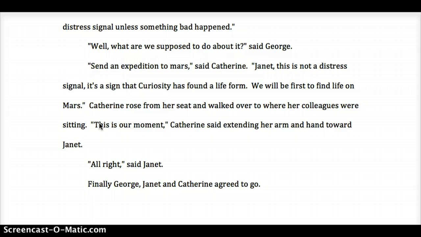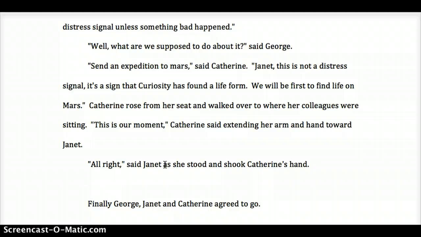Okay, so Janet says, all right. So I think I want Janet to rise, George to rise, and have them all shake hands. Okay, so "All right," said Janet as she stood and shook Catherine's hand.